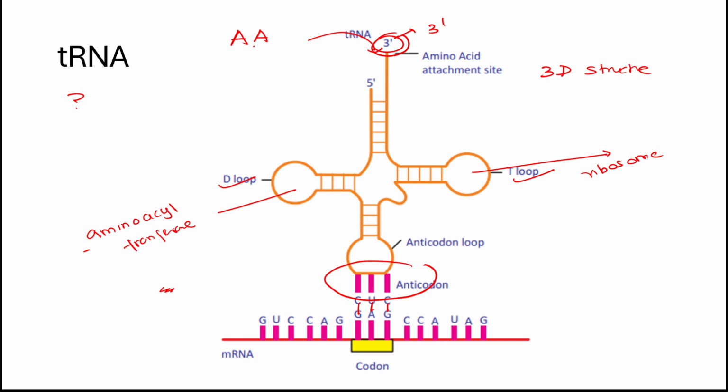This amino acid, to be brought from an amino acid pool in a very specific manner, requires the action of an enzyme which is known as aminoacyl transferase, which acts as the messenger. So simply what it does is that it acts as the messenger and then brings the specific amino acid involved in the translation process. So are we good?